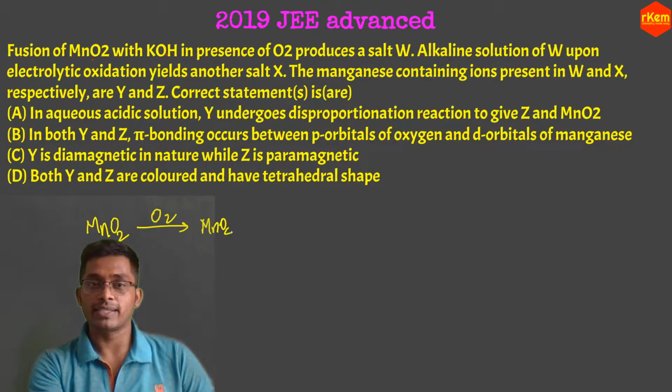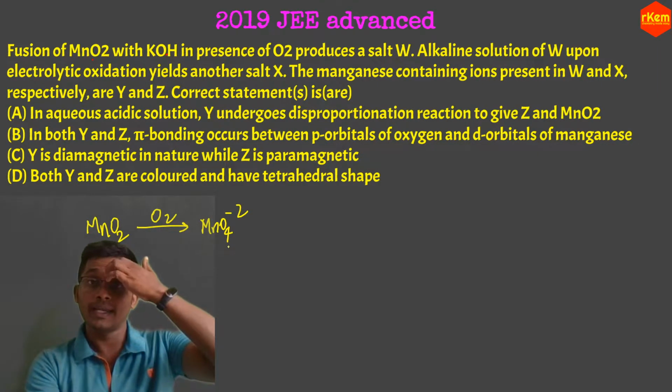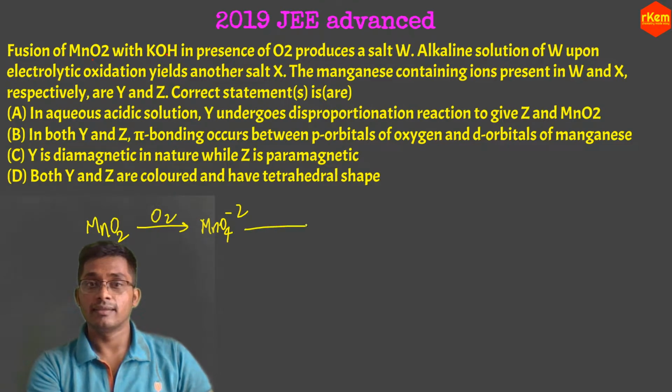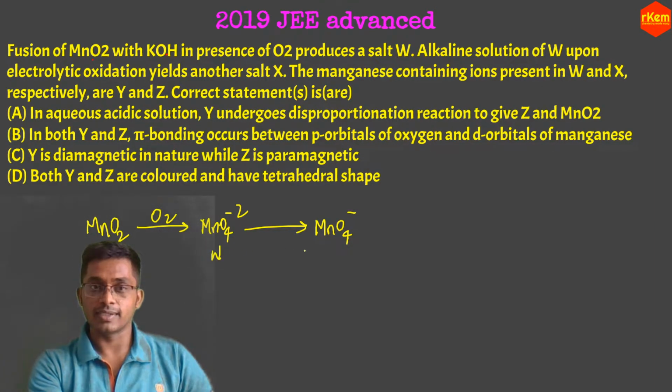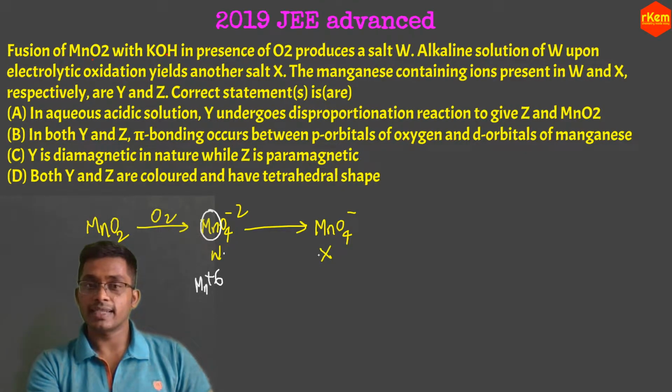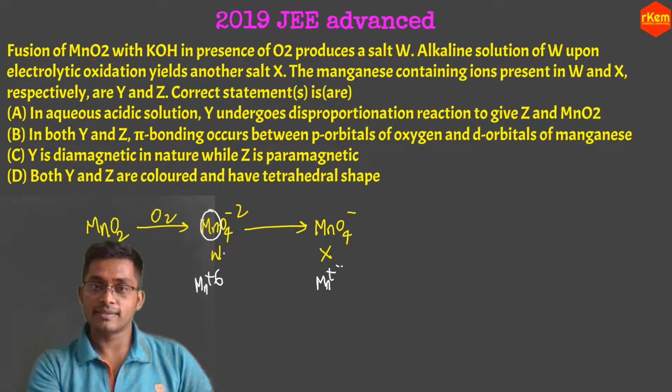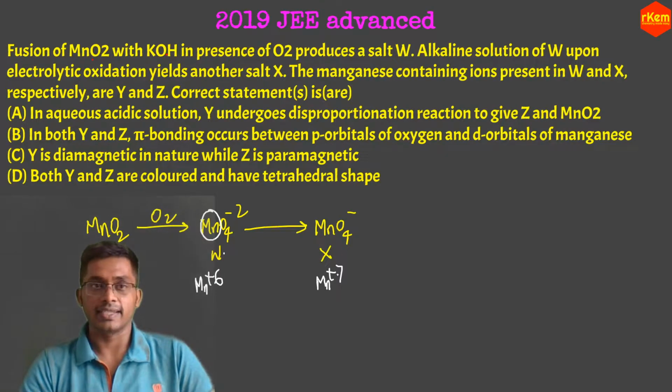It is directly from NCERT: MnO4 2 minus. In alkaline solution, upon electrolytic oxidation, again oxidation, you will get MnO4 minus. This is compound W, this is compound X. They are asking about the manganese containing ions in W. What is the manganese containing ion here? Mn plus 6. And here? Mn plus 7. There are two manganese containing ions.